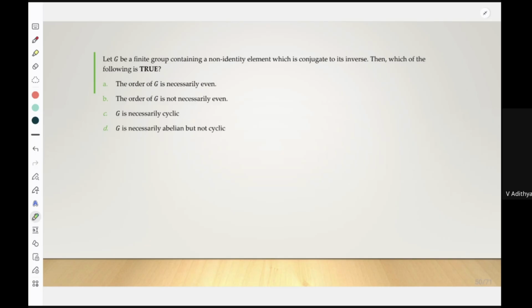Why do C and D have to be false? Again, you need an element which is conjugate to its inverse. If an element and its inverse are the same, if A equals A inverse, they are definitely conjugate to each other, right?